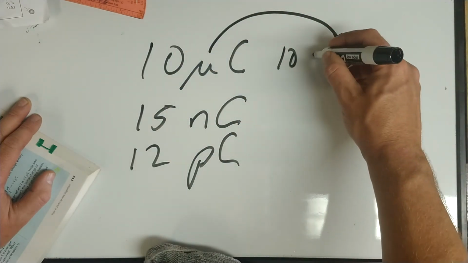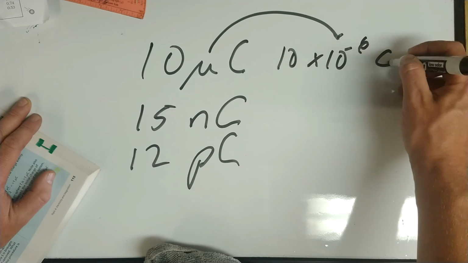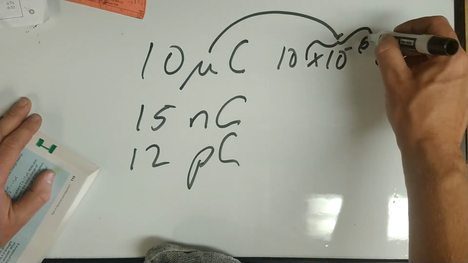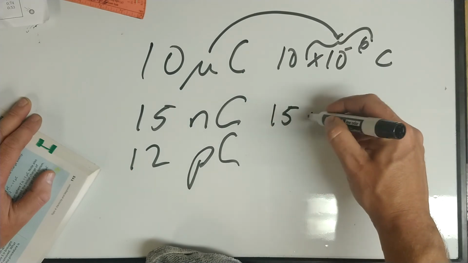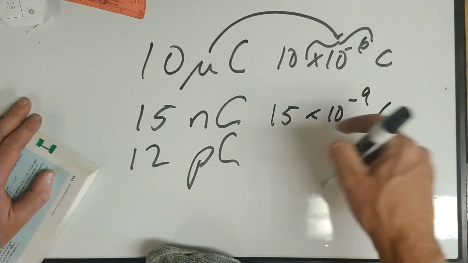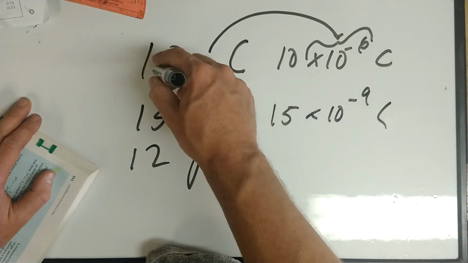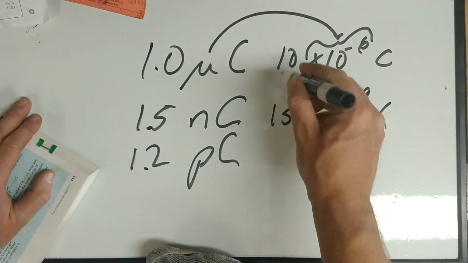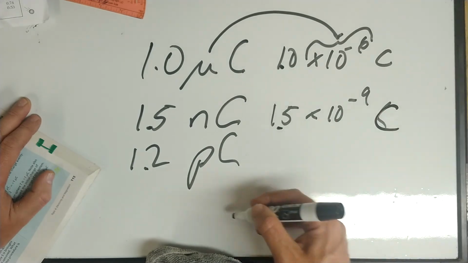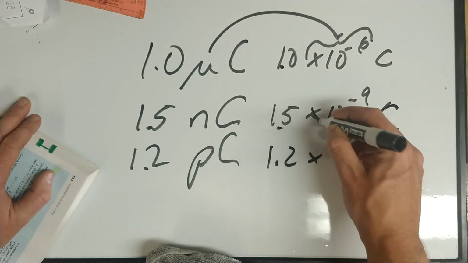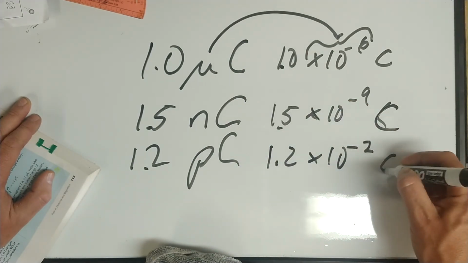Micro is 10 to the negative 6 coulombs, so basically your prefix is that number right there. Nano is 10 to the negative 9th, and 1.2 pico is 10 to the negative 12th coulombs.